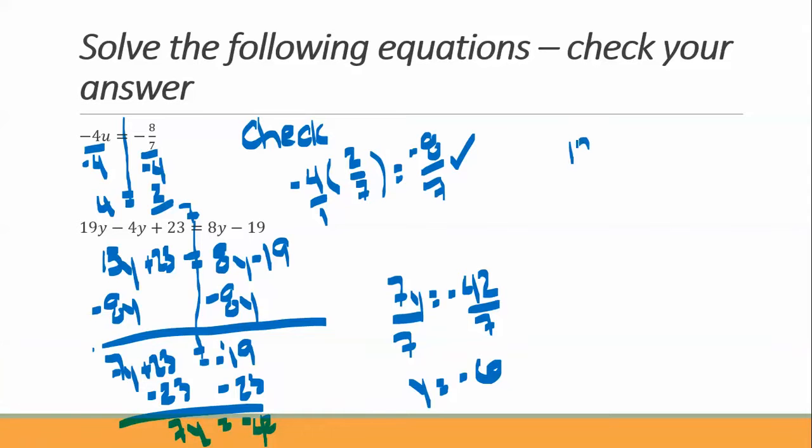So we have 19 times negative 6 minus 4 times negative 6 plus 23. That's one side of our equation.